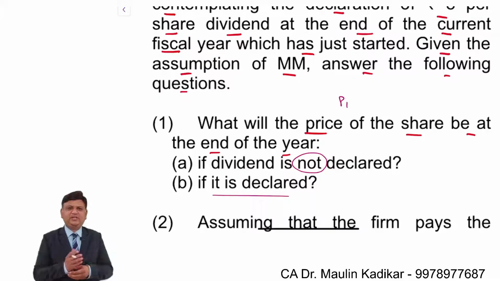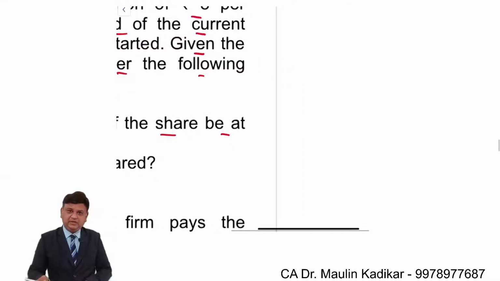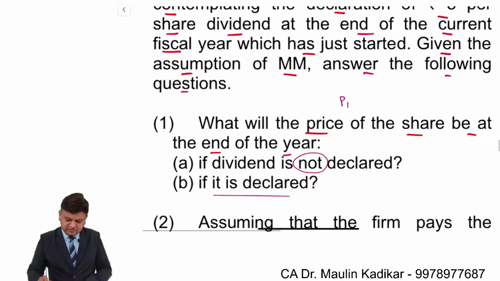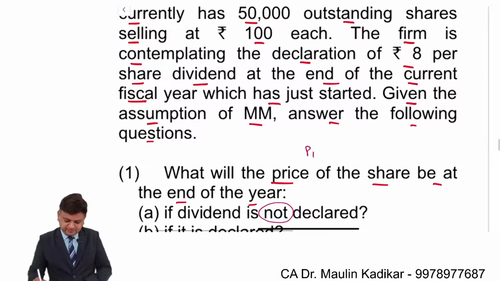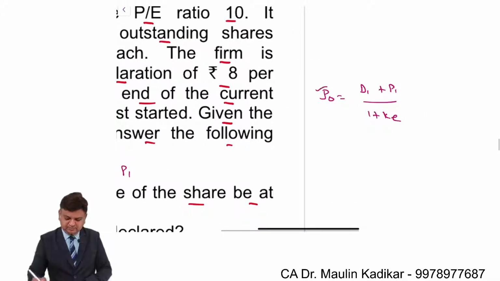Now friends, it is very simple: whenever we are required to calculate P1, we'll use the formula P0 is equal to D1 plus P1 upon 1 plus K. The information is provided regarding the current price, that is 100 rupees. In the first case, the dividend is 0.